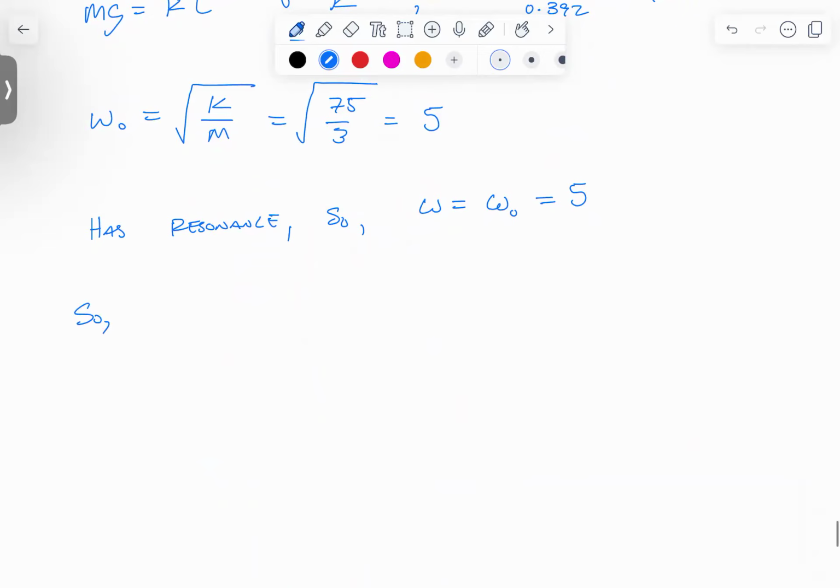All right, so then we can actually create our equations.